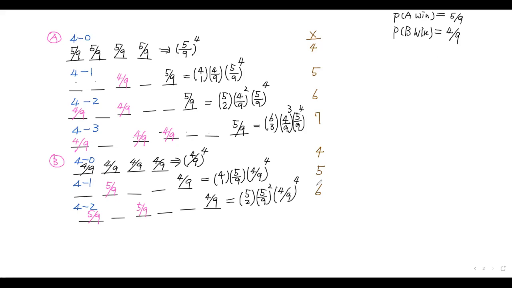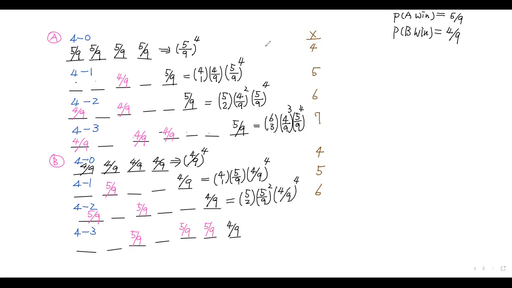Okay, so now the last one here is 3-4. So 3-4. Okay, so that means 7 games. 1, 2, 3, 4, 5, 6, 7. All right, so the last one is winning. Then you need to choose 3 places, 5/9, 5/9, and 5/9, right?